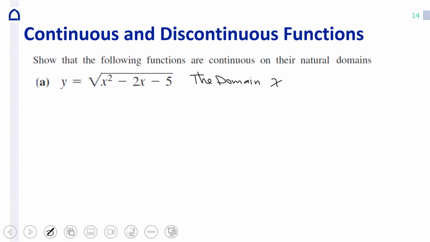You take whatever is under the root and make it greater than or equal to 0. Factorize this one, so you have x here, x here. 5 is a prime number, so it is 5 times 1. Because you have a negative here, I have one negative and one positive. But because the middle term is negative, take the negative with the bigger one.